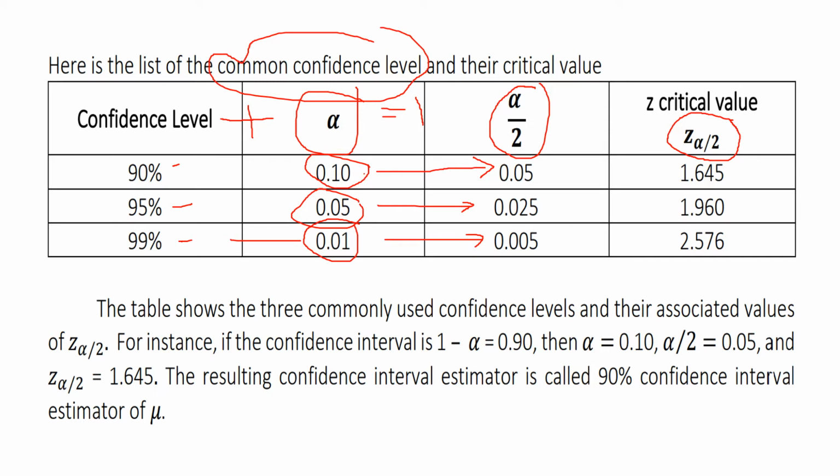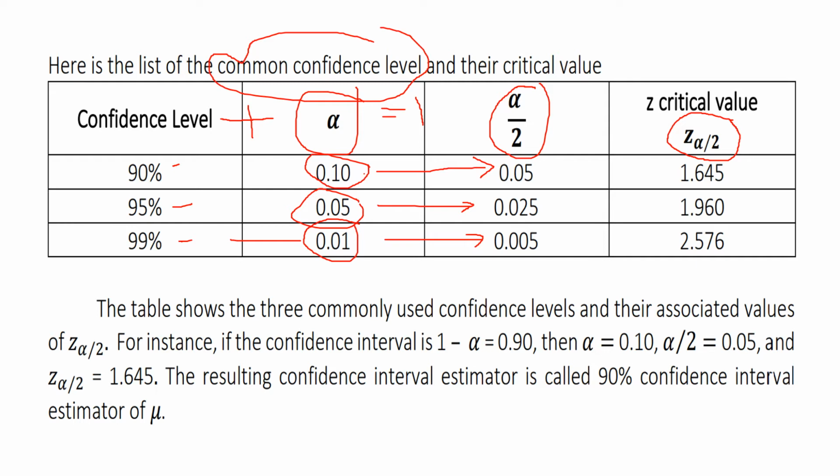If we're looking for the two values of your critical value, we're going to subject both your left and right side of your normal curve, because this will serve as a two-tailed test. Once you're dealing with alpha over 2, meaning you are dealing with two-tailed tests.